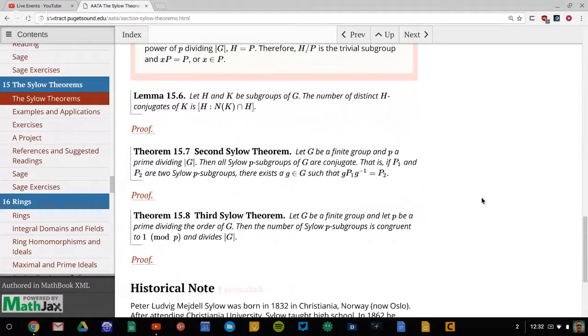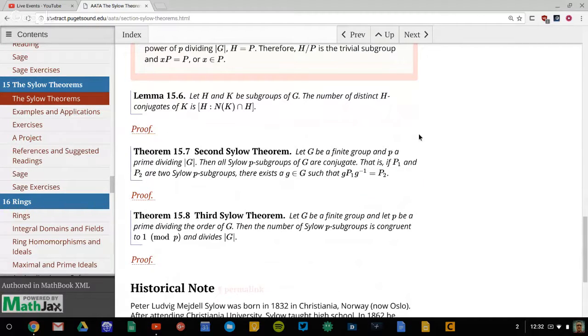Basic fact about subgroups: the intersection of any two subgroups is a subgroup. So this intersection will be a subgroup of H. Okay, so it's a subgroup of H, so we can talk about the index of it in H. Remember, the index of a subgroup in a group is the number of left cosets of the subgroup in that group.